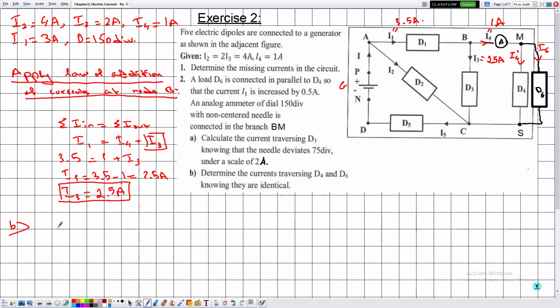So since D4 and D6 are identical, then they are traversed by the same current.